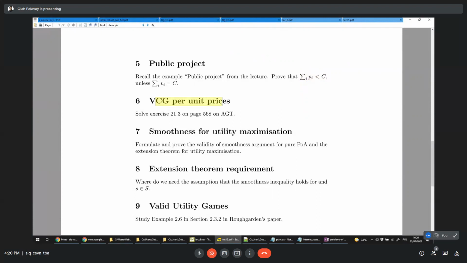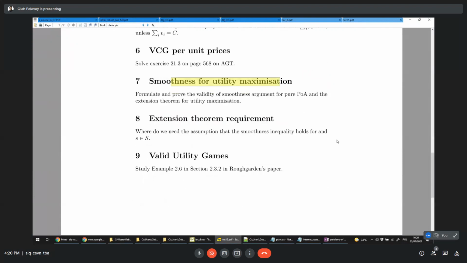And then there is this idea of how we can do this smoothness, which you have seen in the lesson for utility maximization, and you can read it in the paper if you want, but you don't have to. The only material you have to know is what you have seen in the lecture, tutorial and homework. Then you also show why the extension theorem requirement is important.